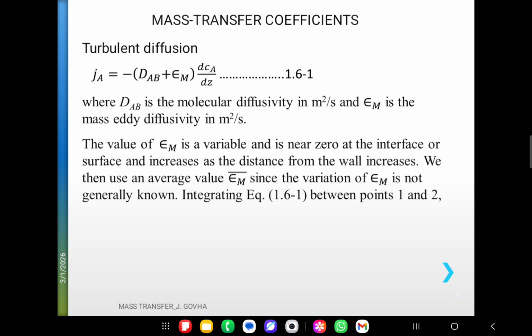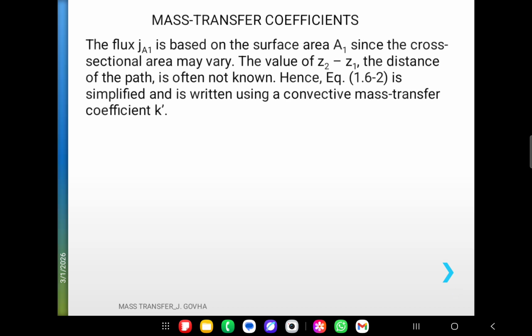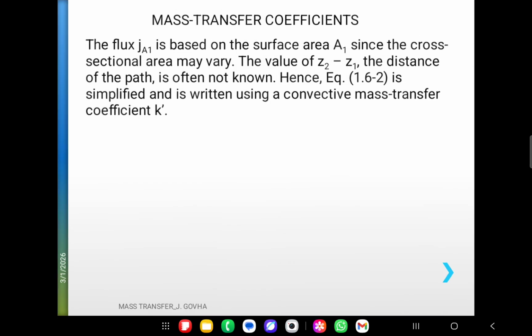So from there, equation 1.61 is written as 1.62 after integrating. So our flux JA1 is based on the surface area A1, since the cross-sectional area may vary.